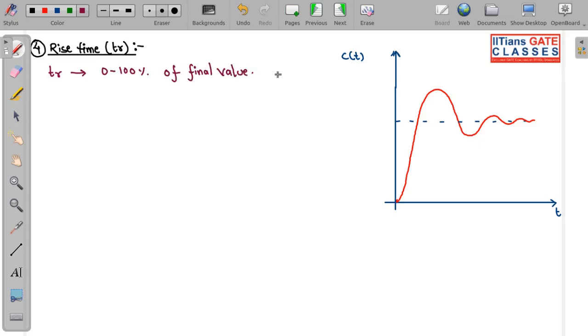If you calculate the rise time over here, I will not be calculating it directly, I am going to write the formula. Rise time is equal to pi minus theta by omega d.